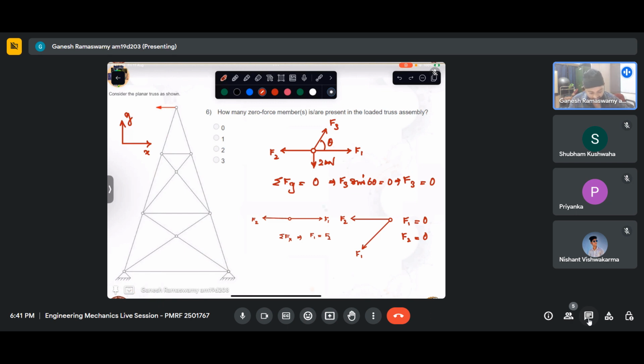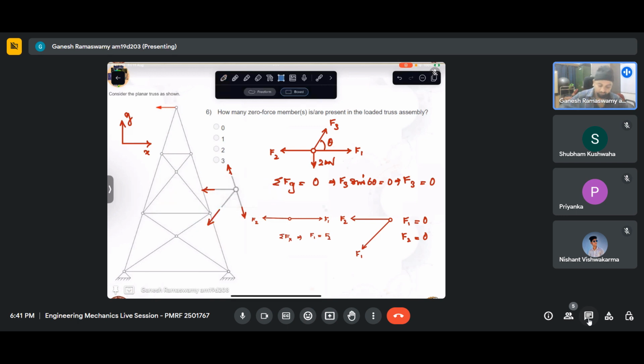And there are no other joints where there are three members getting connected, out of which two are collinear. Essentially, if we see this joint, although these two are collinear, when we cut this, we will be exposing forces like that.